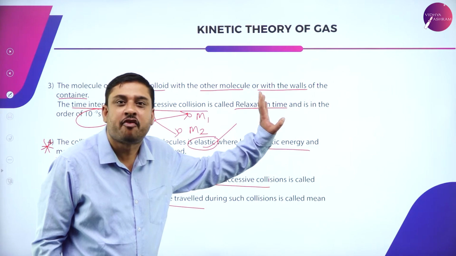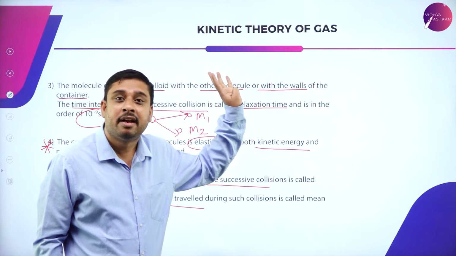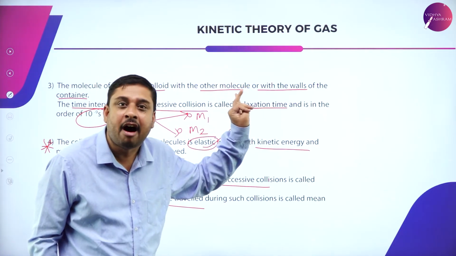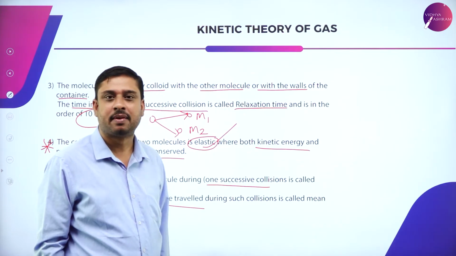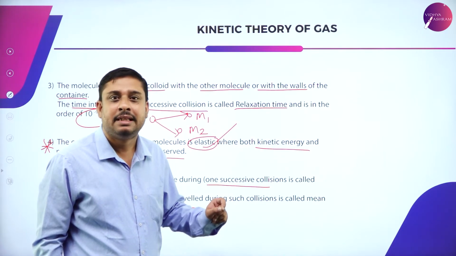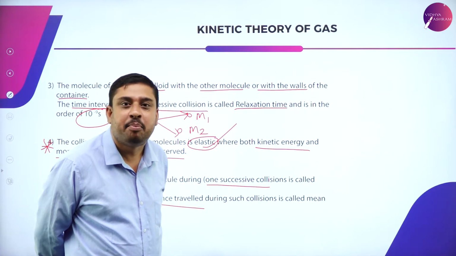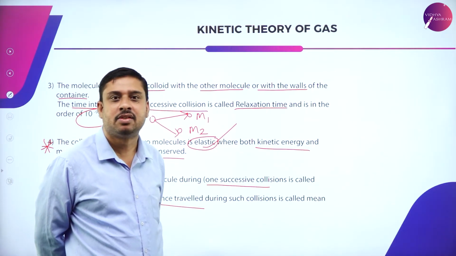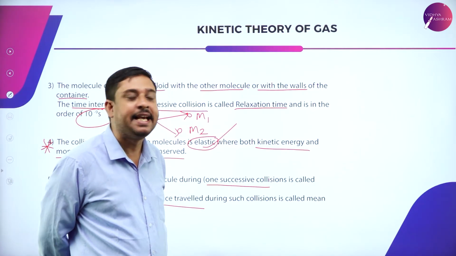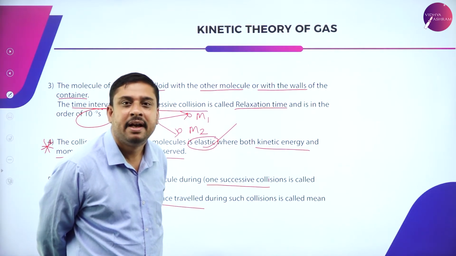What is the nature of molecules? They are elastic, identical, the same in size, and they are solid spheres. They move in a straight line, randomly, in all possible directions, because of which they may collide with each other or with the walls of the container.